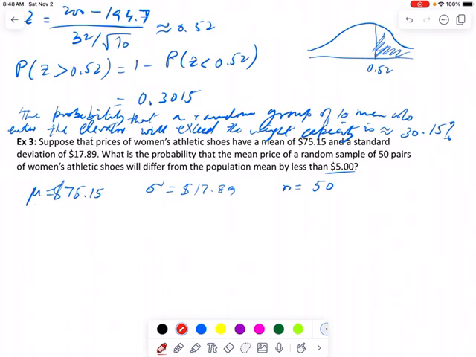So note here the last sentence is different from the previous two examples. So it says, what is the probability that the mean price of a random sample of 50 pairs of women's athletic shoes will differ from the, so these are the words that you have to be looking for in the exam. So underline them and you see them. So this is differ from the population mean.